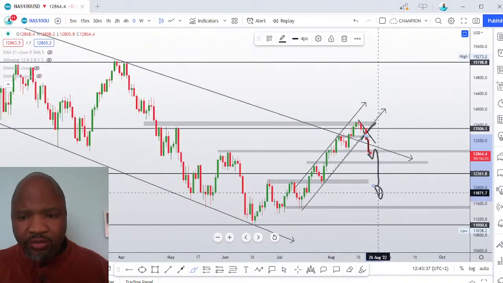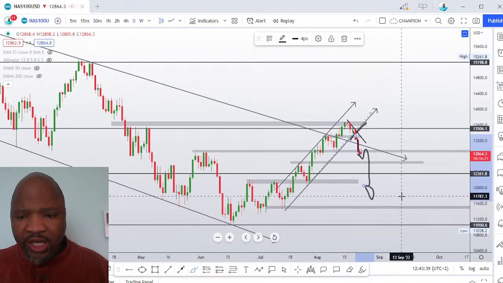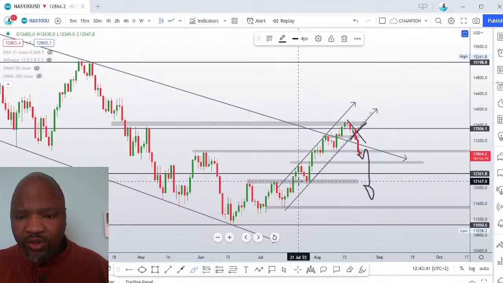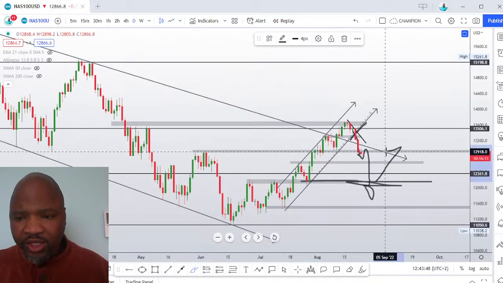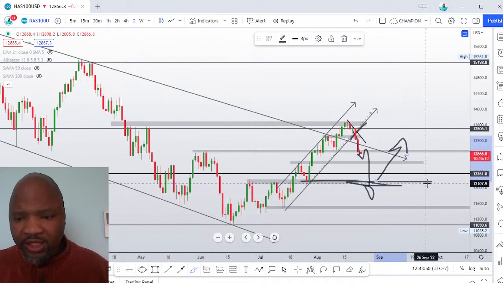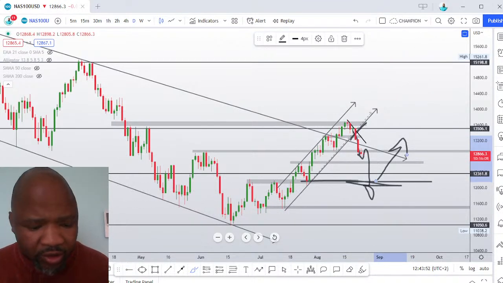When I look at my structure, I can say we might find support from this level before we can have another stream of buyers.